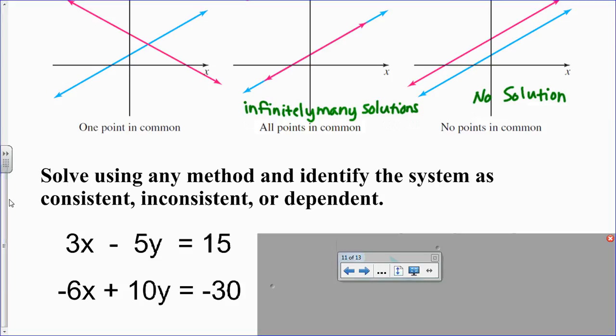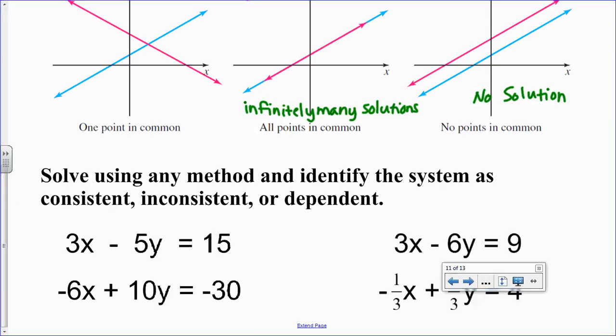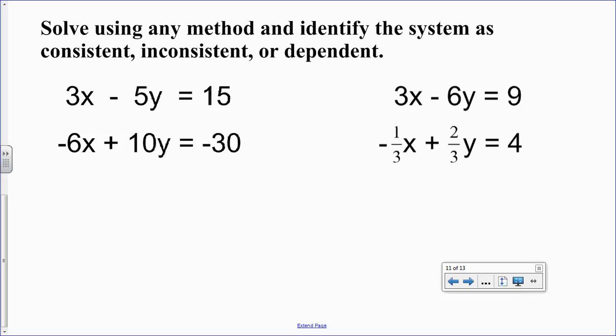Okay, we're going to solve using any method, and then we'll label them as consistent, inconsistent, or dependent. Okay, so I would use elimination since your x, y's equals everything's lined up. I'm going to have to multiply though.